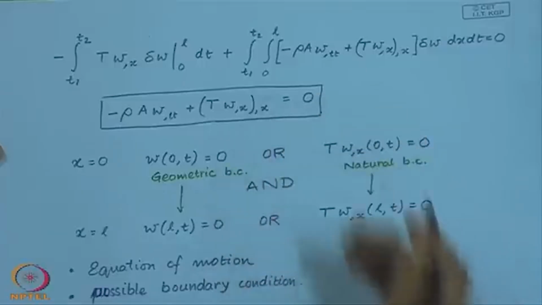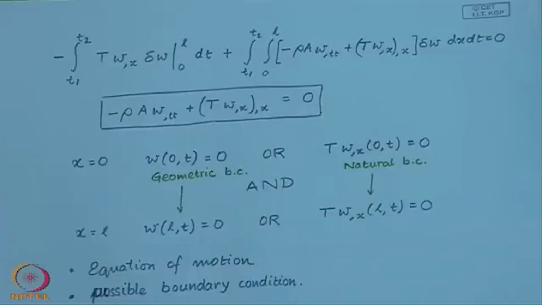So, when we use the variational formulation of the string, or any continuous system, not only do we get the equation of motion, but we also get possible boundary conditions. Now, this is an extremely powerful method for formulating the equation of motion of very complicated systems.